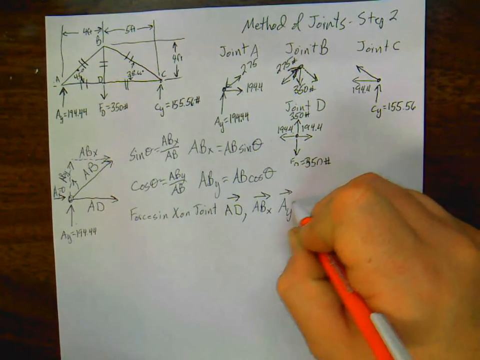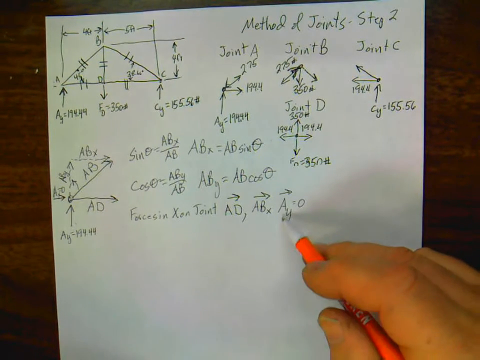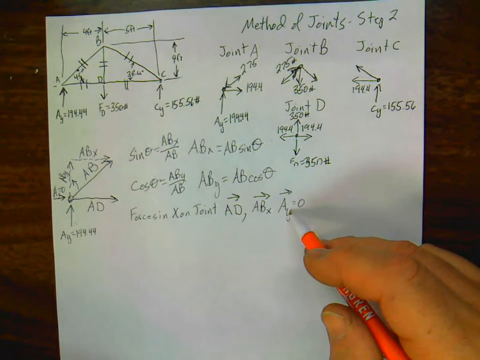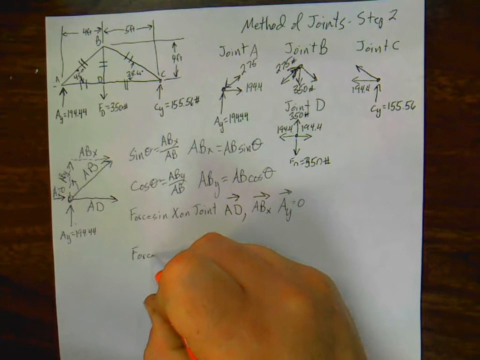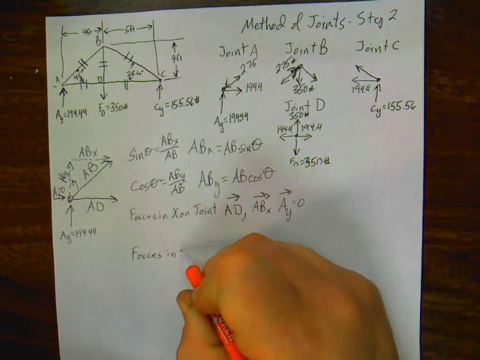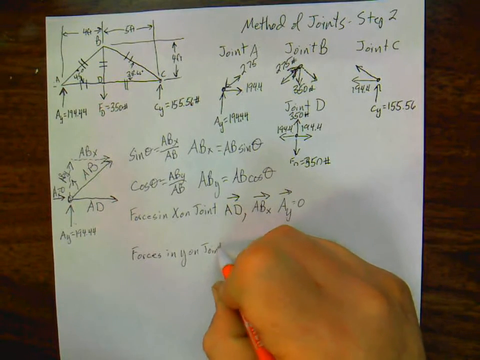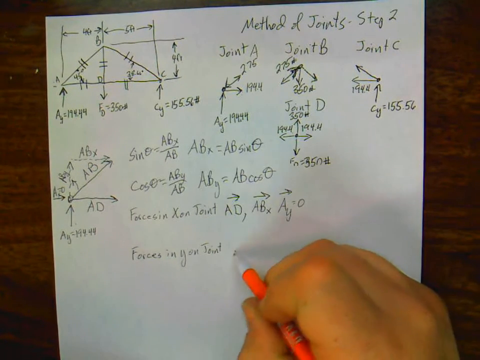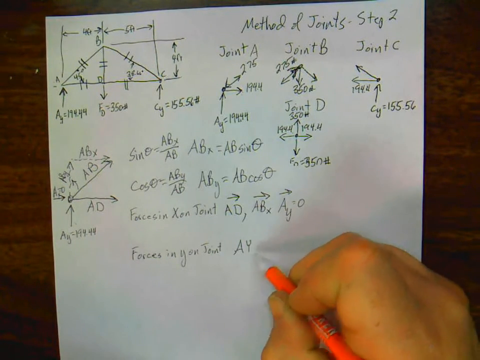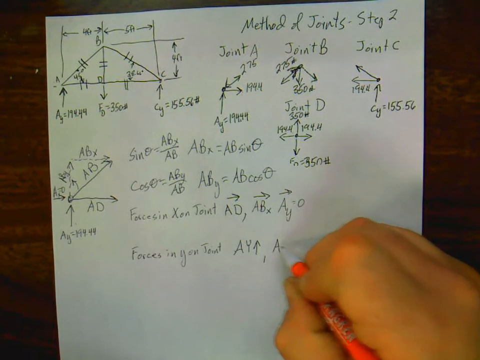So we've got these three here. And we also have the forces in the Y on joint A. We have AY, and that force vector is going up. We've got ABY, that force vector is going up. And that's it with those two.